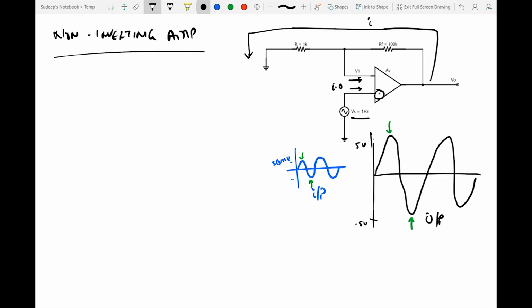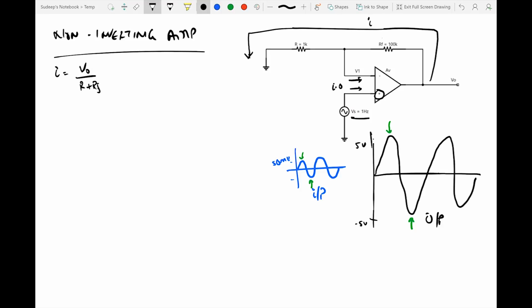So it's acting like a voltage divider for us, and we can use Ohm's law to come up with the value of the voltage V1 in this case. The current I would be voltage divided by resistance, which is V0 divided by R plus RF, the total resistance offered by the feedback circuit.